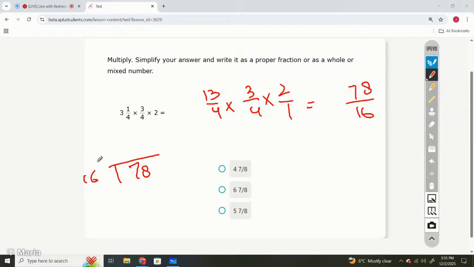Let's just divide. We can go for 16 times 4 is 64. So 4 wholes 14 over 16.